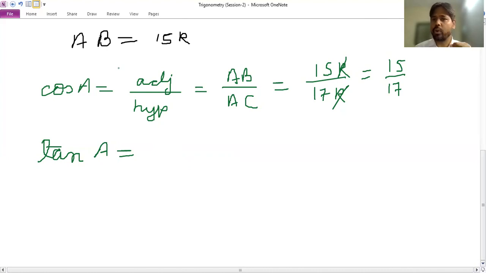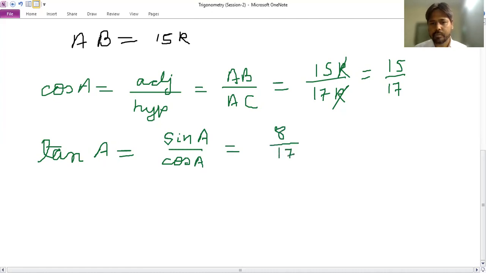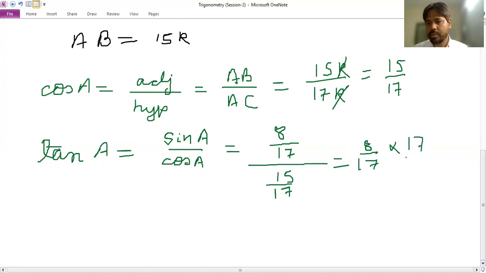We have seen in the previous session that the value of tan can be represented in terms of trigonometric ratios as sine of A upon cos of A. Now we know that sine of A is equal to 8 upon 17. This will be divided by the cos value, that is 15 upon 17. So on changing this, division converted to multiplication, we can write: 8 upon 17 multiplied by 17 upon 15.